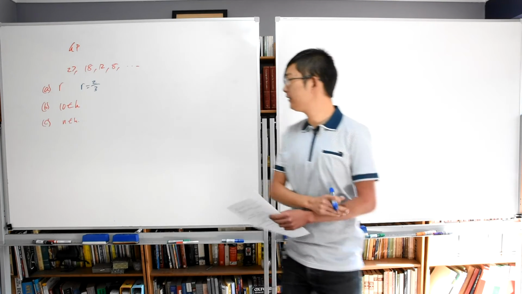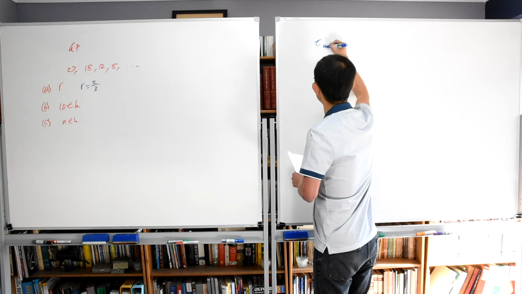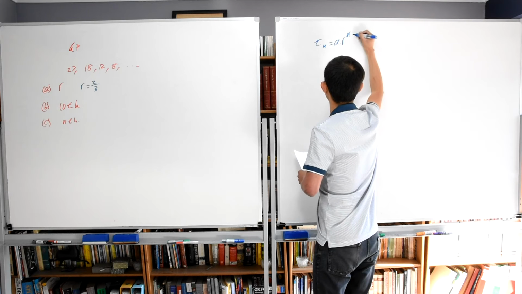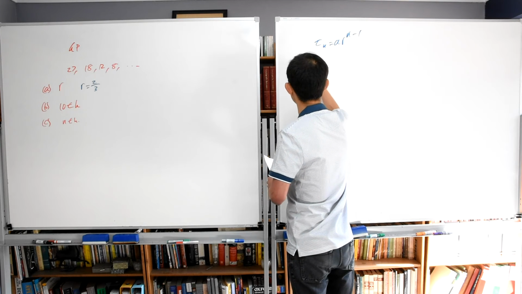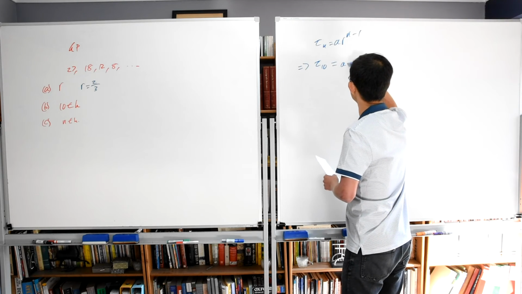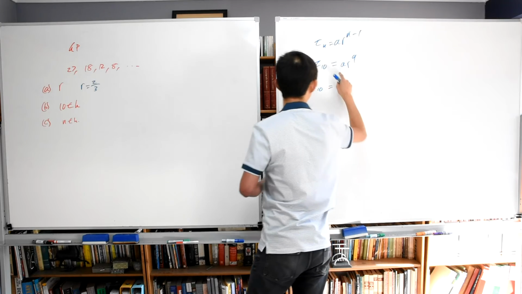How do we find the 10th term? Well, we know that any term in a geometric progression is going to be t_k equal to a r to the k minus 1. Since we want to find the 10th term, k is 10. But what's the a value?